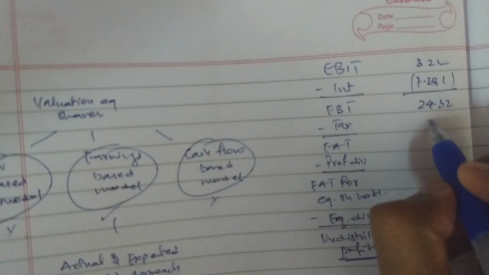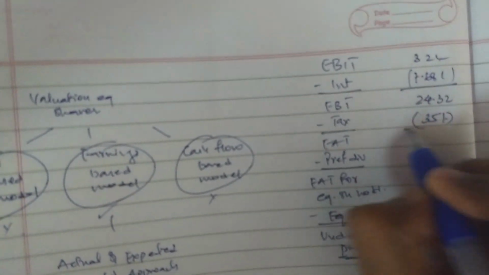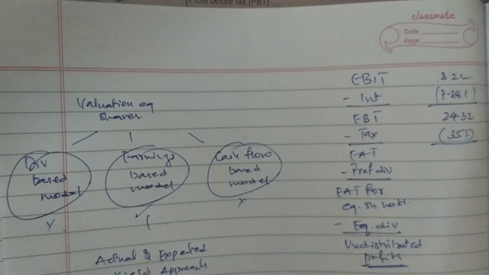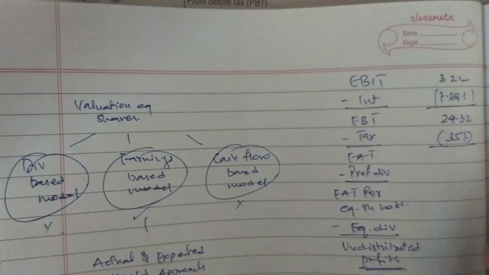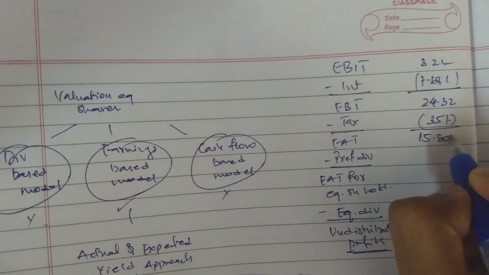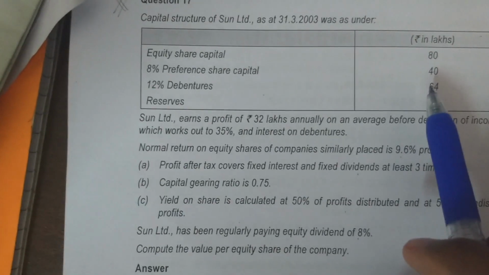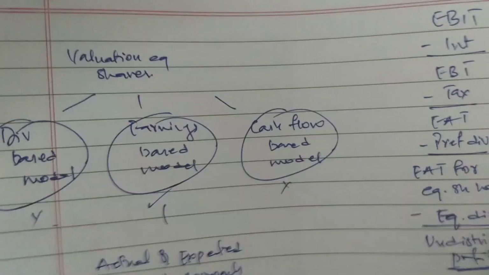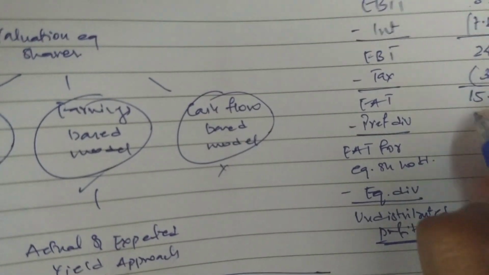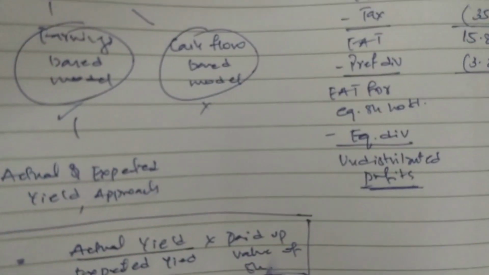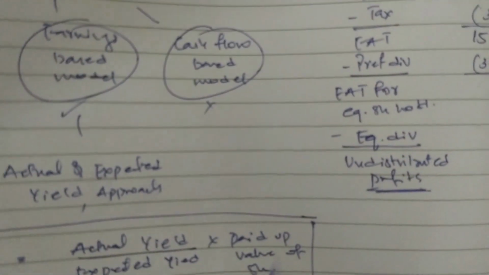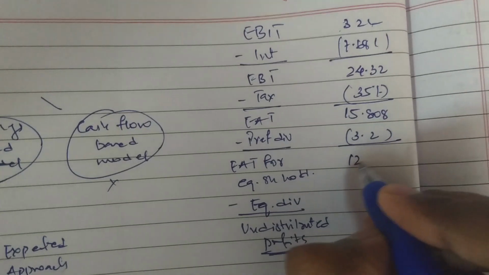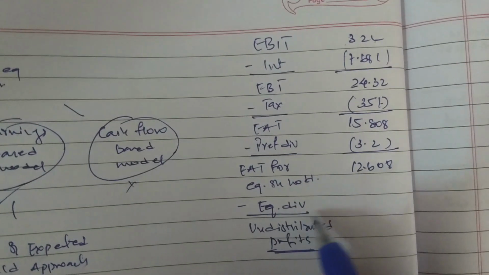The question says tax is at 35%, so deducting 35% gives you 15.808. Minus your preference dividend, 8% on 40 lakhs, so 40 into 8% gives you 3.2. When you reduce it, it is 12.608.